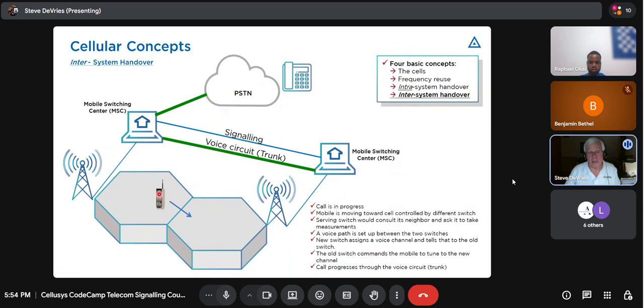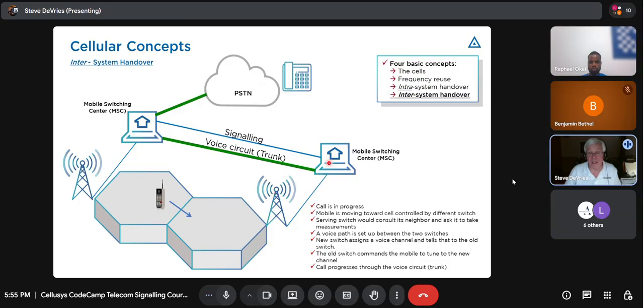Well, now this switch here doesn't control that cell tower. That cell tower is controlled by a different mobile switching center. So now this switch has to send a telecom signal over here, asking this switch to take a measurement to measure the signal strength of this mobile.